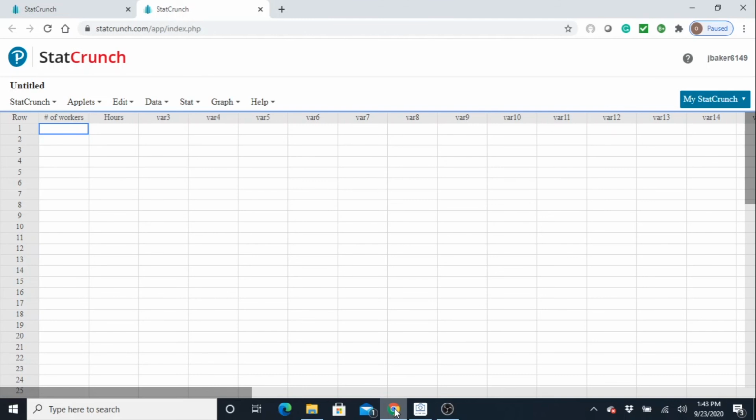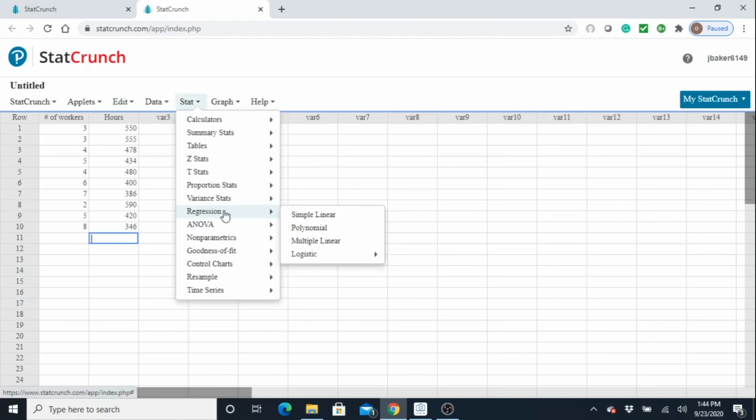Okay. And here's how I'm going to get the correlation for my data set. What I'm going to do here is go to Stat, and then go down to Regression, which really anything that involves, one second, scatterplots is the word I was looking for.